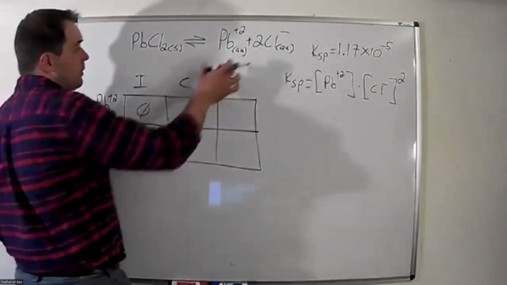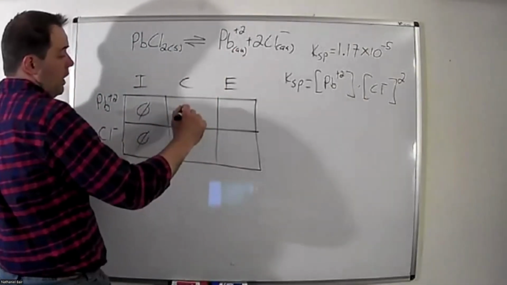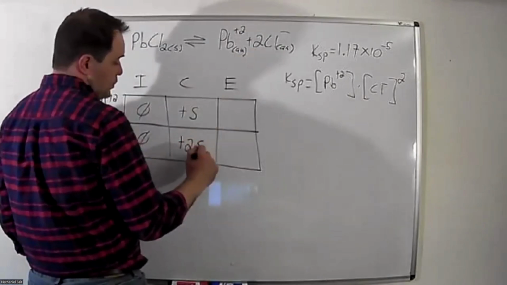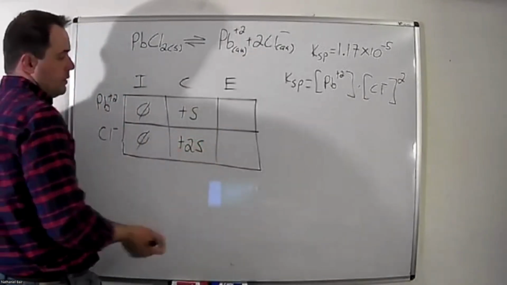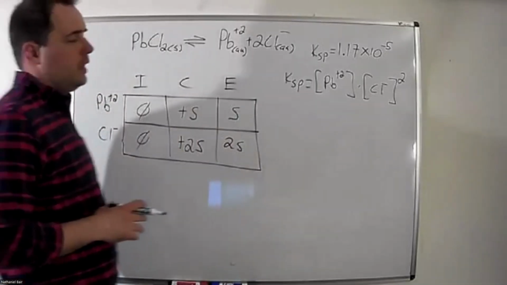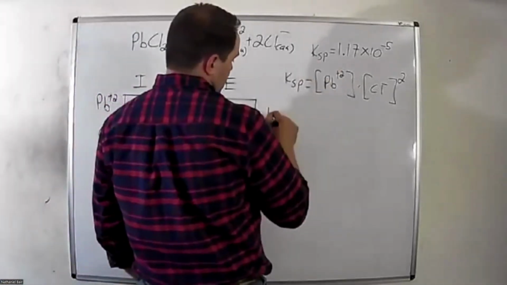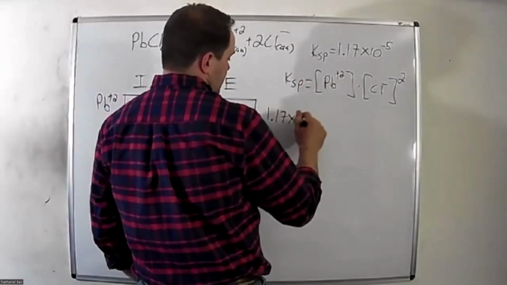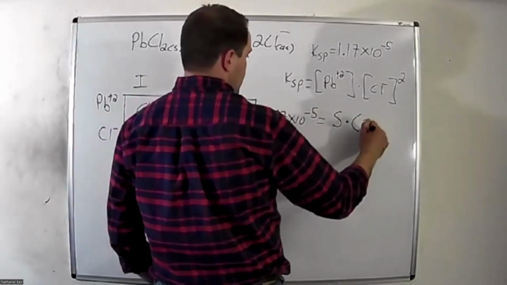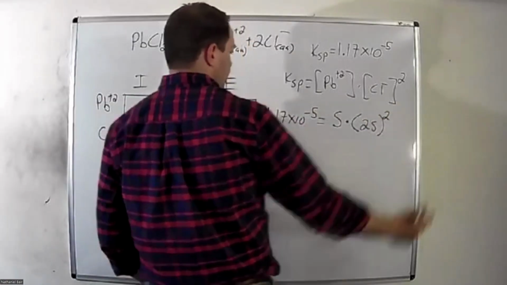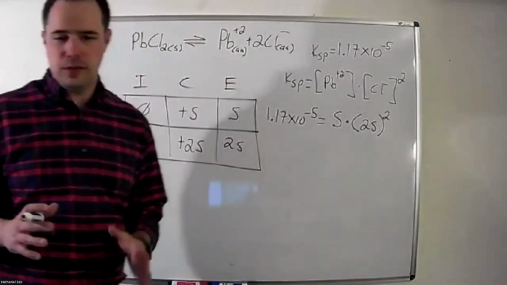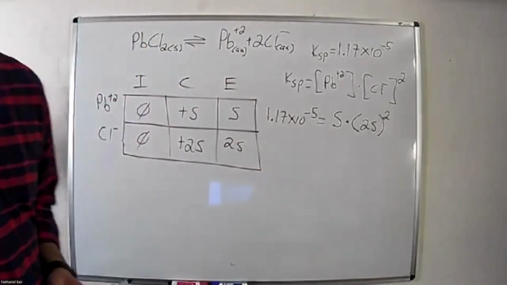When this dissolves, the amount of lead is going to go up by 1s, but the amount of chloride is going to go up by 2s. So now this is s, and that is 2s. And now we go to plug this in. 1.17 times 10 to the negative fifth equals s times the quantity 2s squared. I'm going to pause there because then we got to talk. We're going to have to look for a button or a calculator here.